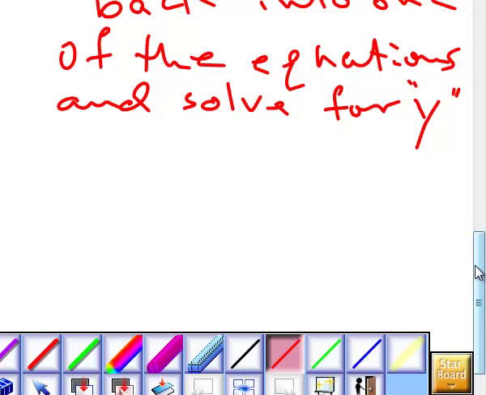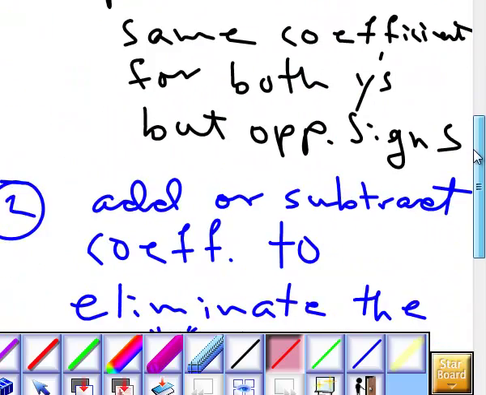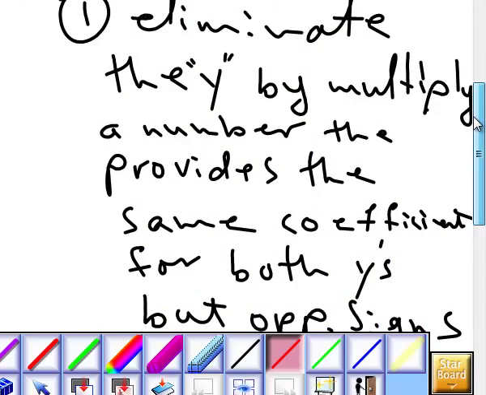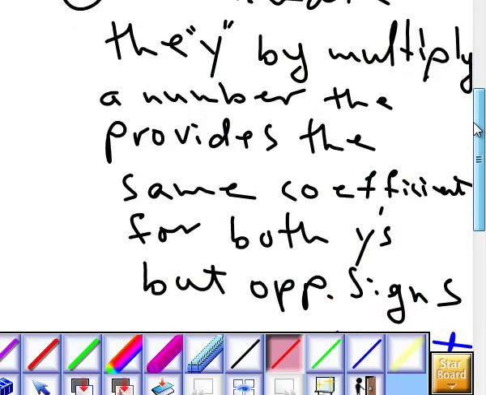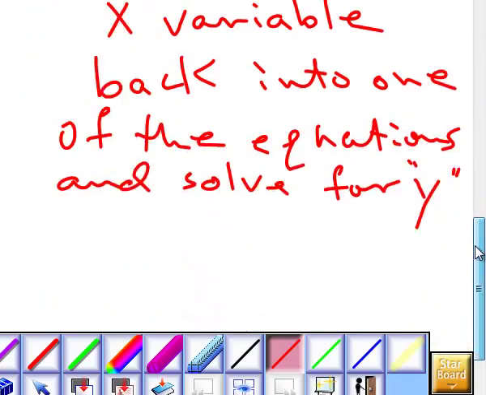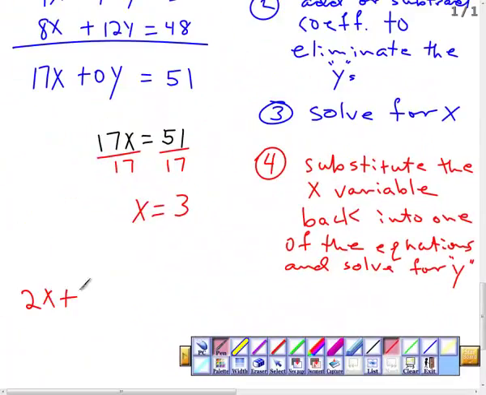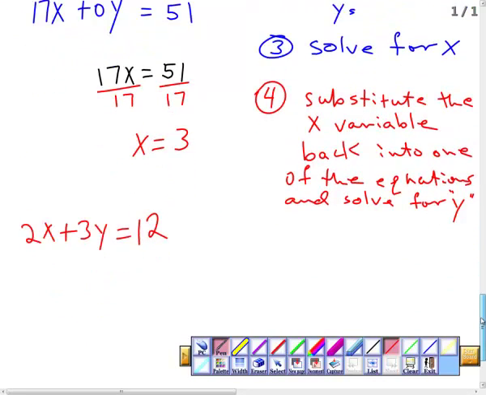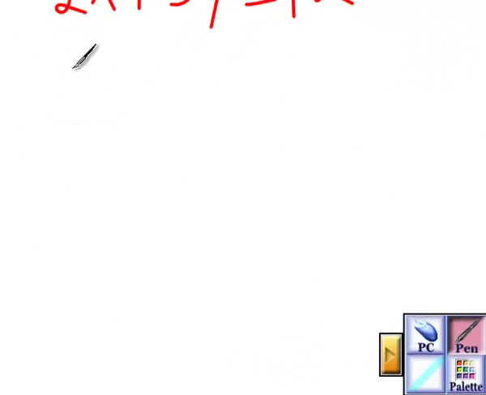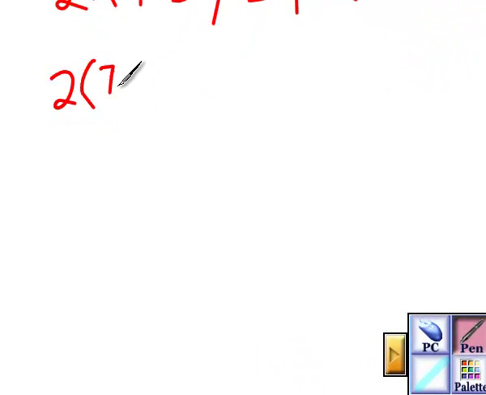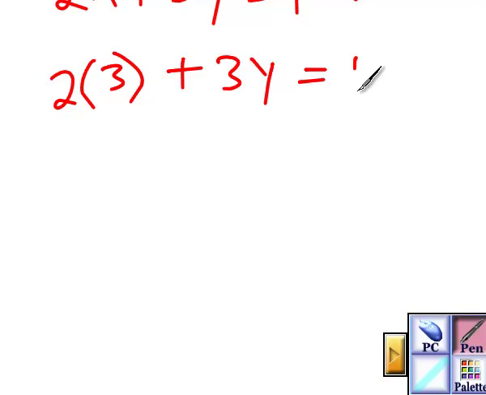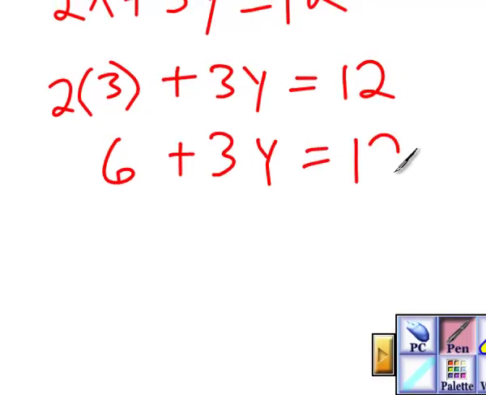Okay, so we could choose either one. Doesn't matter. So let's use the second equation again: 2x plus 3y equals 12. And we go ahead and we substitute the 3 in for x. So that'd be 2 times 3 plus 3y equals 12. So that'd be 6 plus 3y equals 12.